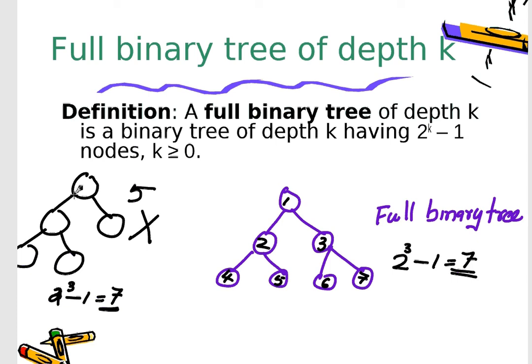At the same time, if you are considering this tree, here this node can have 2 children. So the total number of nodes is only 5 here, but there it is 7. So as per the rule we should have 7 nodes, but here only 5 nodes are there. This is not a fully binary tree, but this is a complete binary tree. I will tell you why it is so.